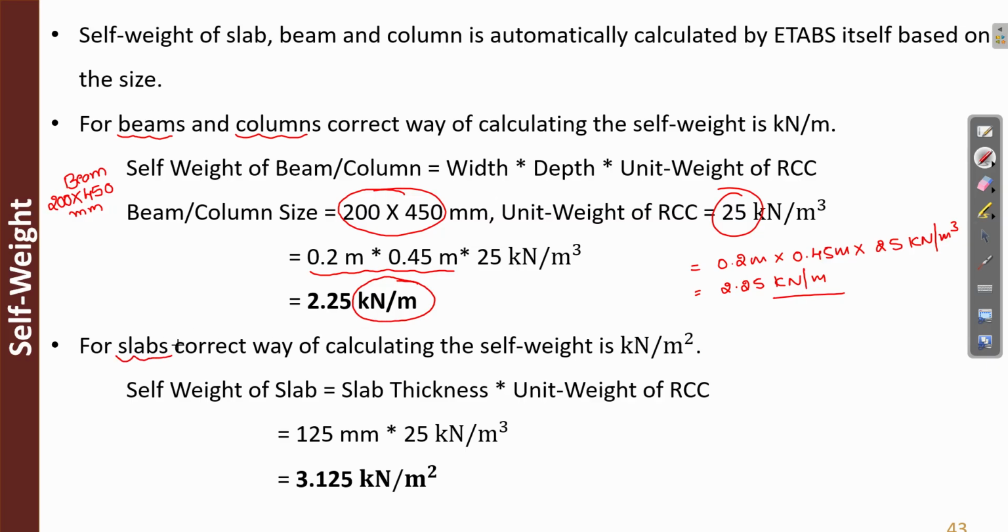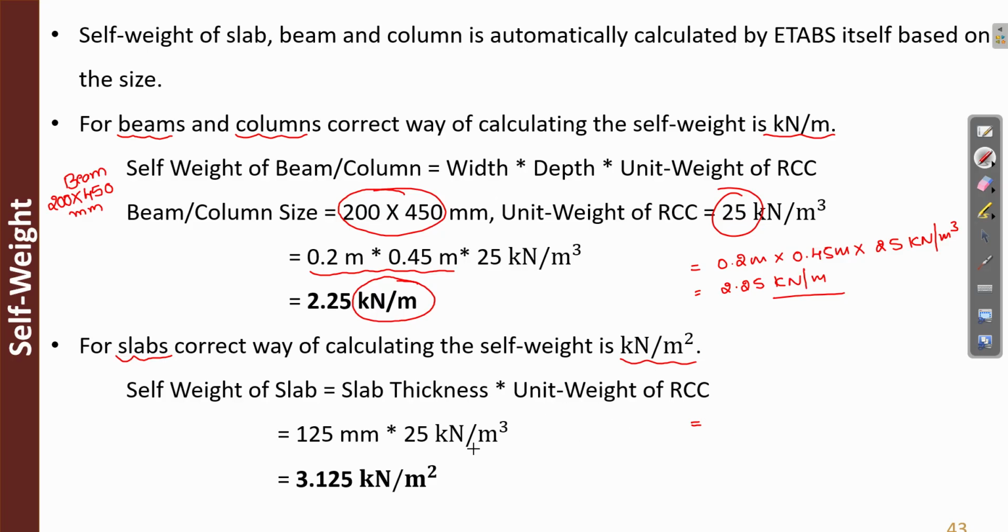Whereas for slabs, the correct way of calculating the self weight is kilonewton per meter square. For beams and columns, it is kilonewton per meter. Why? Because self weight of the slab is calculated as thickness multiplied by unit weight of RCC.